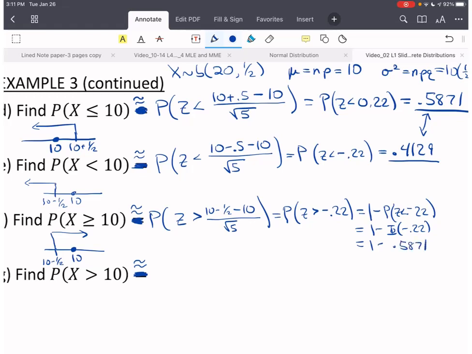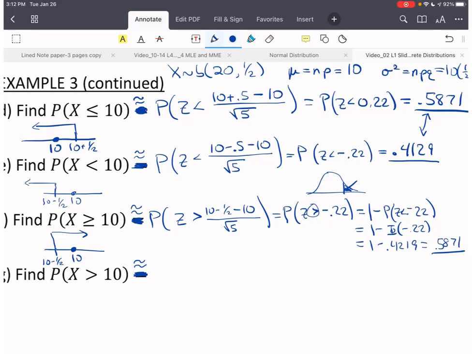it's 0.5871, or I'm sorry, minus 0.4219, which is equal to 0.5871. All right. Now, if we're doing the greater than, you can just look it up and you'll get it directly.